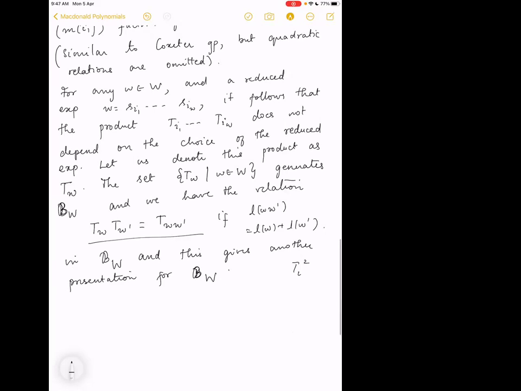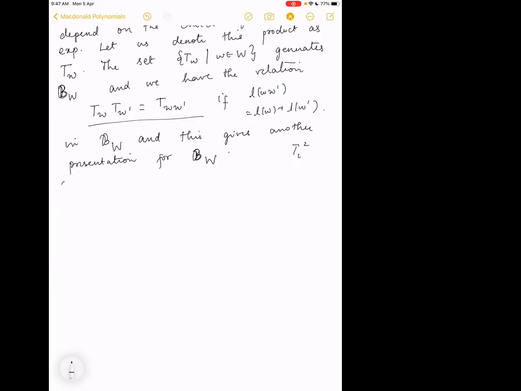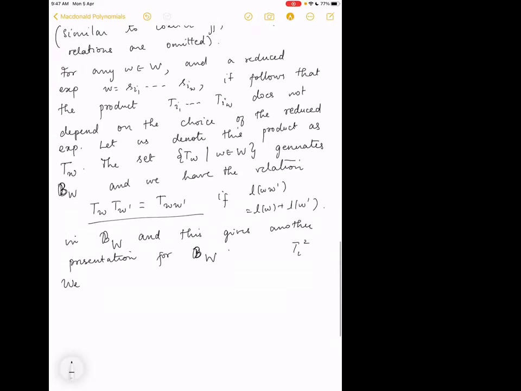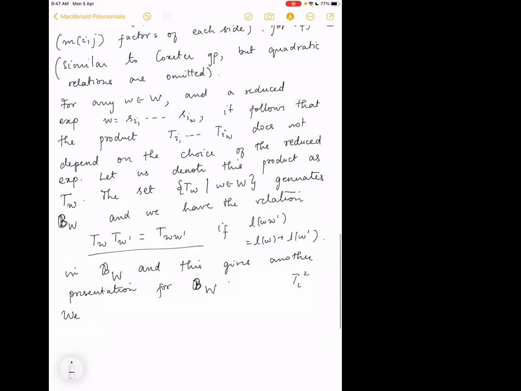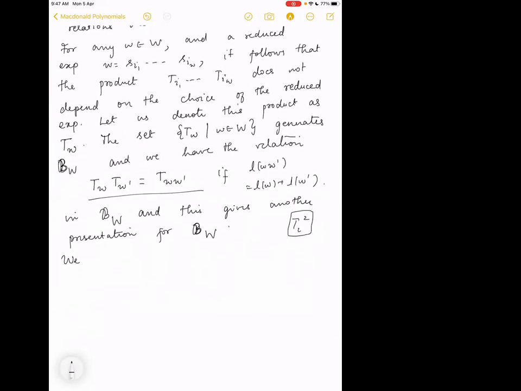You're not saying that every element of B_W is of the form T_w, right? No, it just generates. I have not killed these relations here.